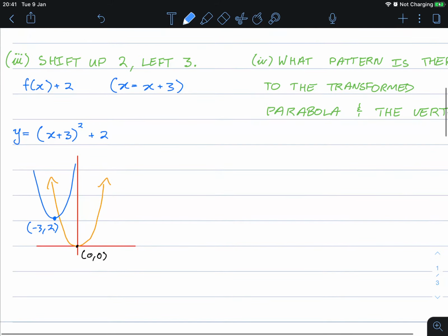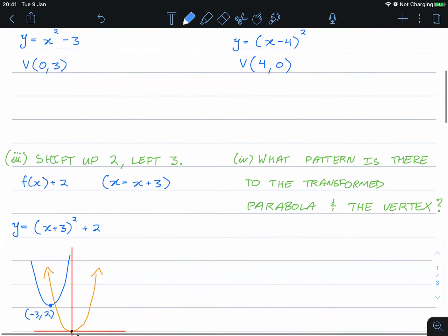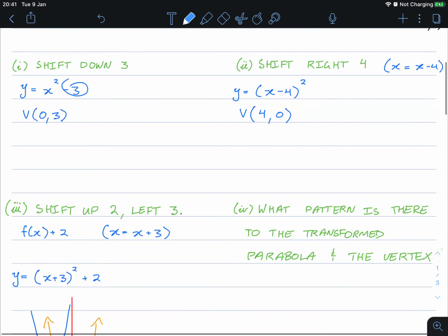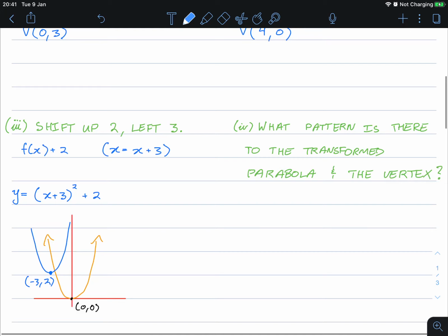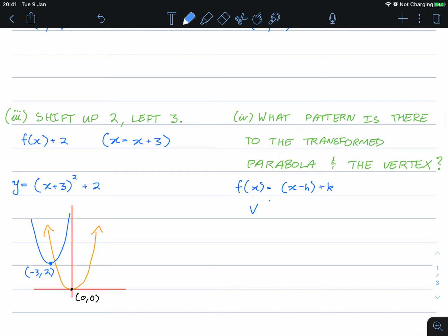Do you notice any patterns happening with the translations to the vertex? Well, in case you didn't notice, if we have the function f of x equals x minus h, squared, plus k, the vertex of this function will be at h, k.